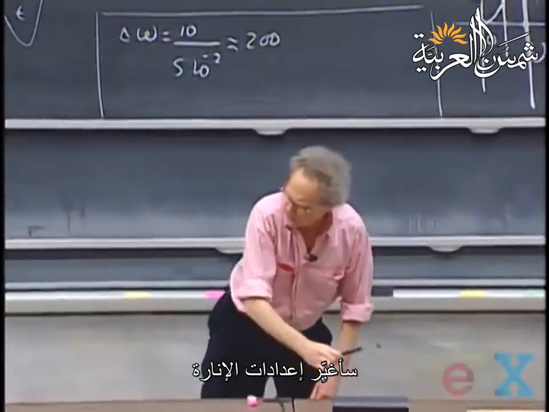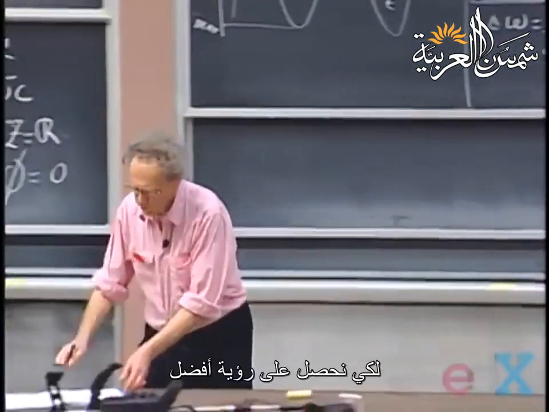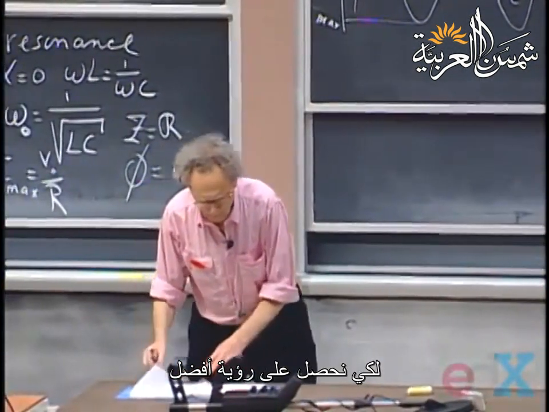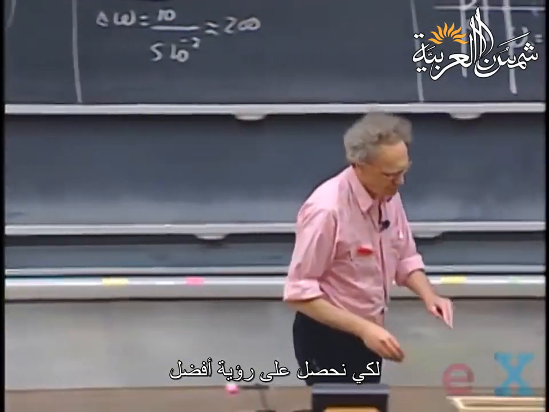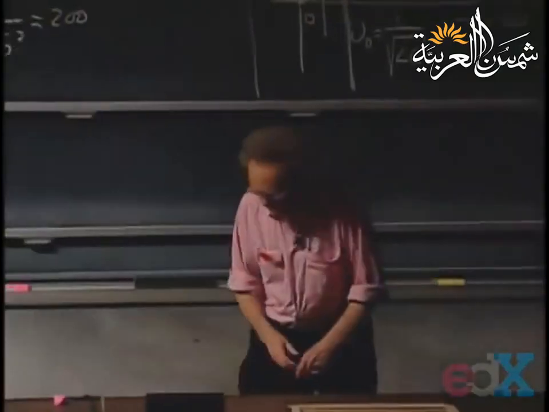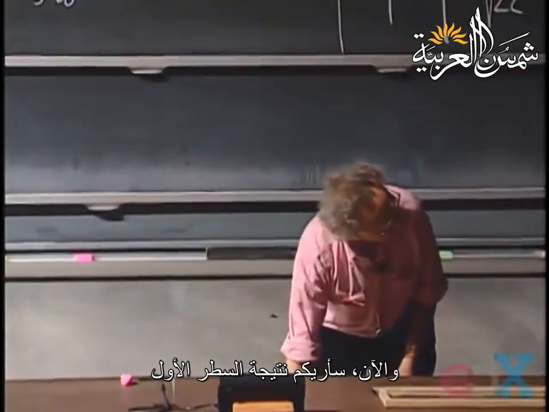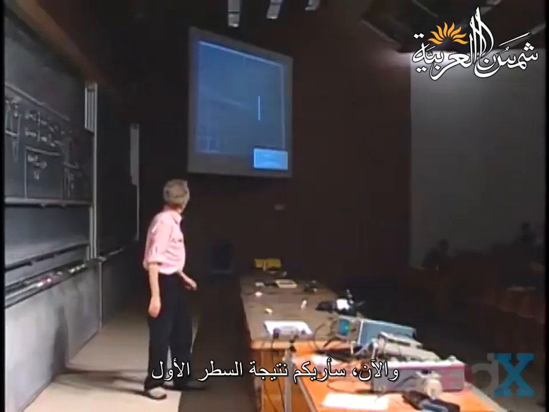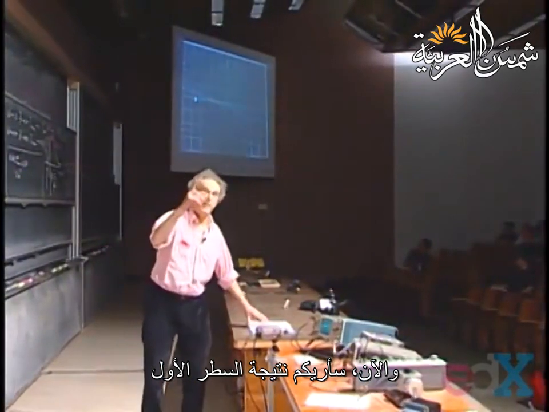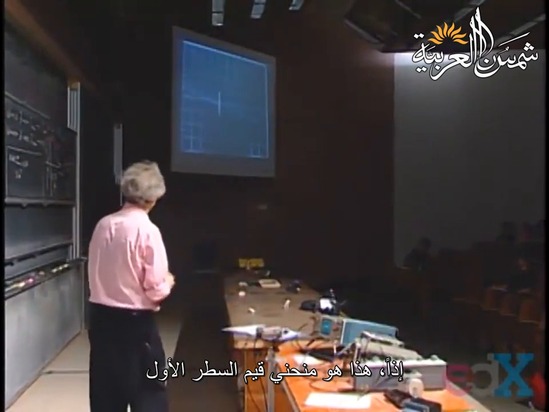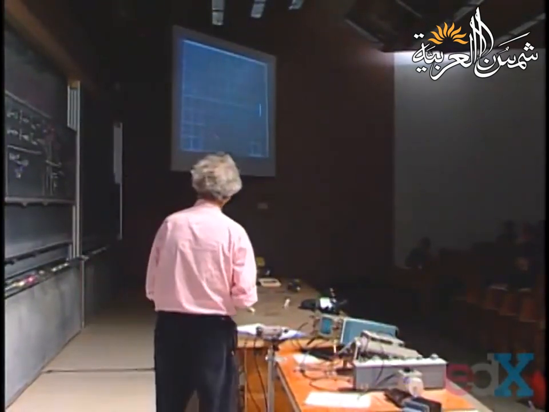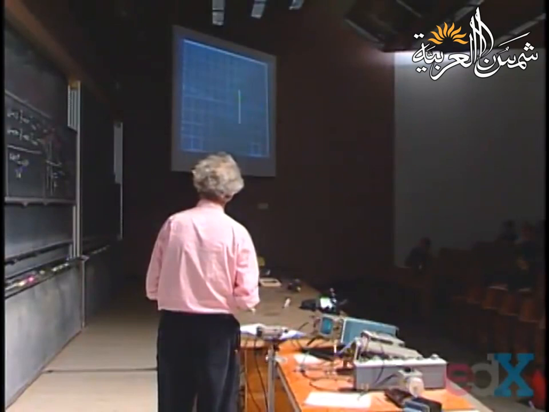So let's first change the light so that we get an optimum situation for you. And now I will show you already the results of the first line. So these are the values that you see there. And I go very slowly.